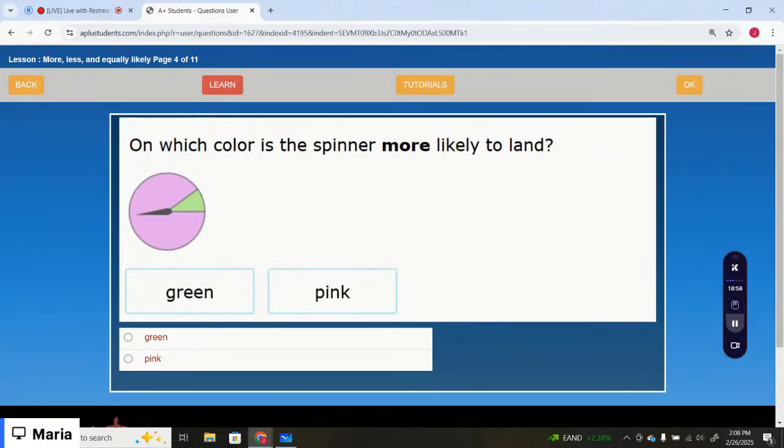It will more likely land on pink because most of the portion of the spinner is pink. Option number two is the correct option.